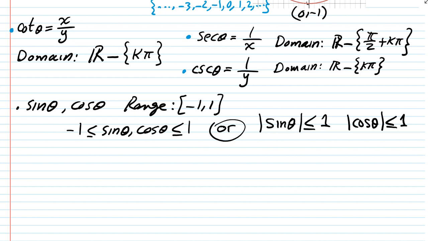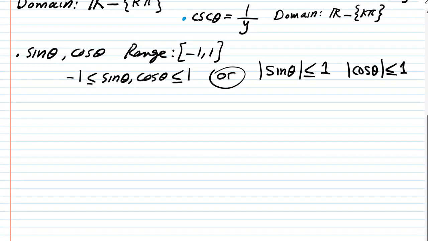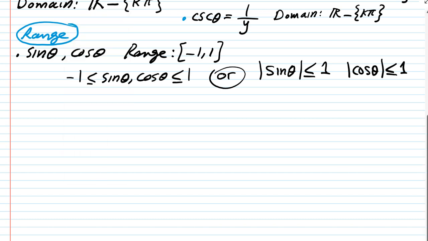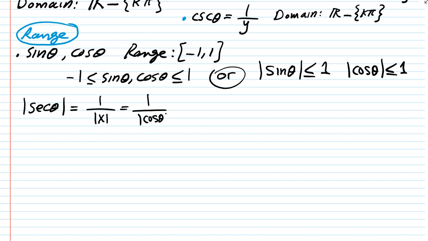All right. Now, let's do it for, let's say, secant. We're doing ranges now. Okay, we're doing the range of trig functions is what we're doing. And, oops, sorry. Let's do it for secant. Secant theta. Well, absolute value of secant is 1 over absolute value of x, right? Which is 1 over absolute value of cosine theta. Okay.